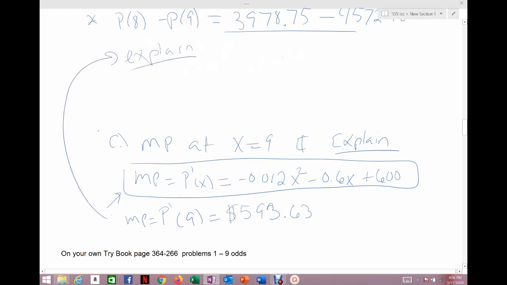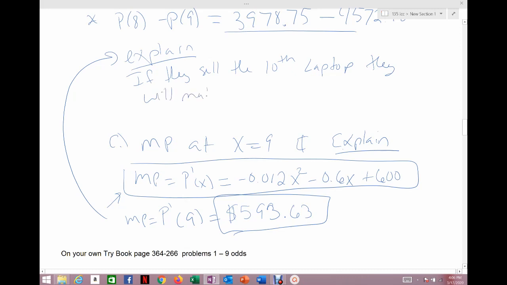So what this is telling me is that if they sell the 10th item, the 10th laptop, they will make about $593.63 in additional profit. All right, and so that's part C.